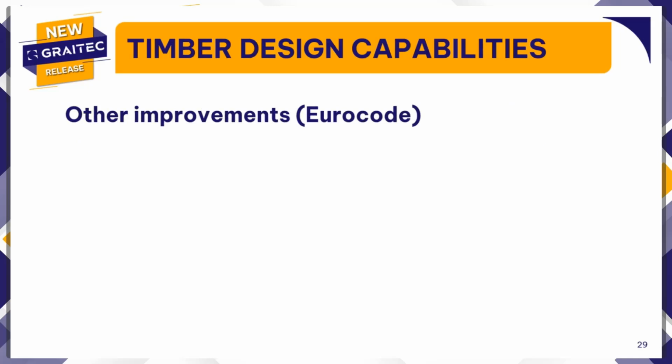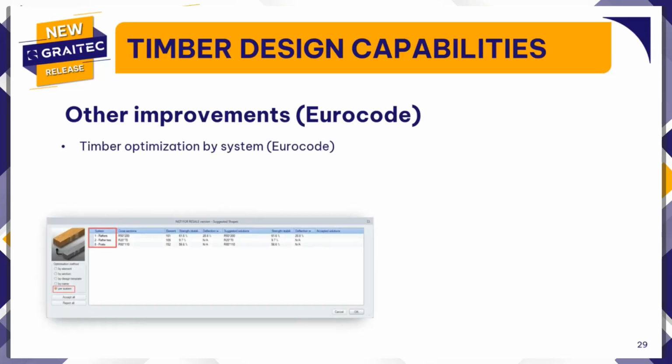For verification of timber elements according to Eurocode, there are even more improvements. First, there is now a possibility for timber elements to run the optimization per system, which will make the process easier to manage, in fact.